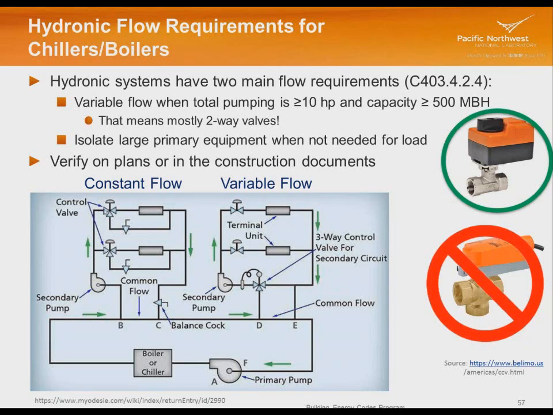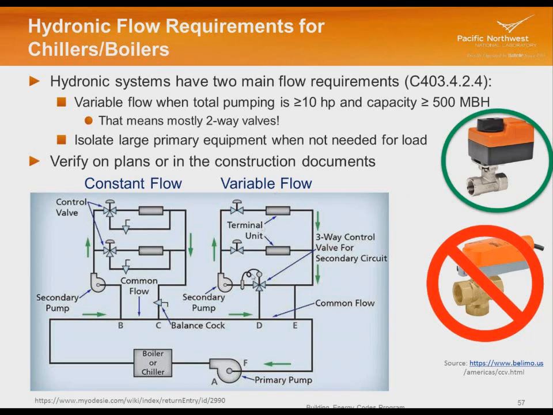And the water shows up at this three-way valve, and then it adjusts the amount going through that cooling or heating coil based on the load, based on the control system. But all the rest of the water is just going to bypass around the coil and come back. So my total flow is constant, and I do not save any pumping energy at part load, and remember, we're at part load most of the time.